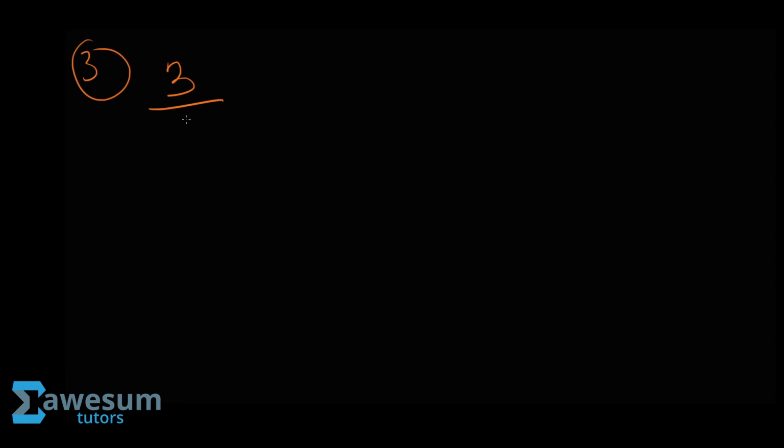3 over 20 times 30 over 27. Let's take a look at this. 3 and 27, they have a common factor of 3.